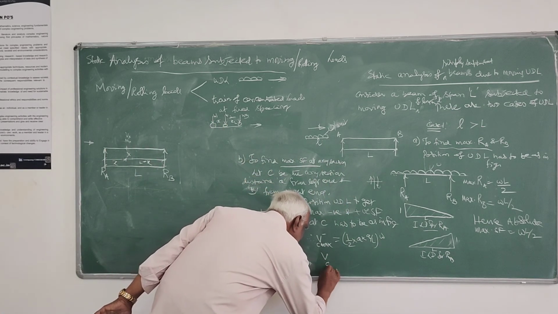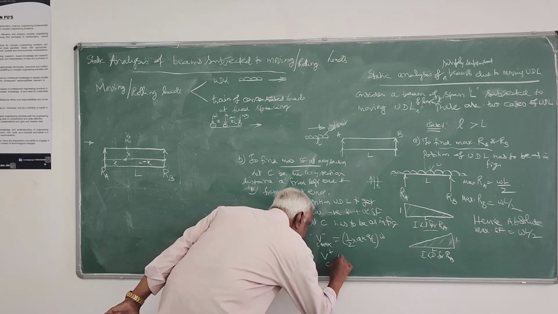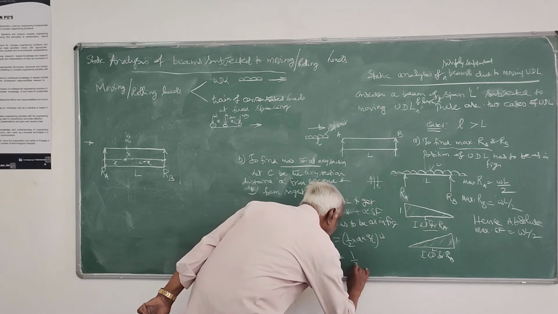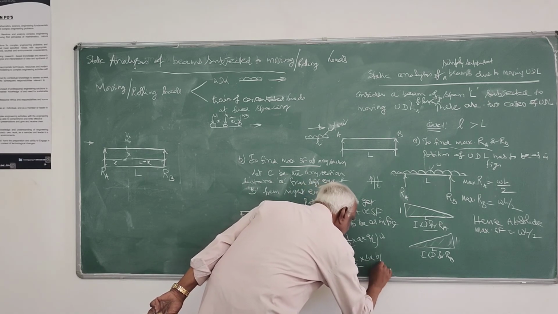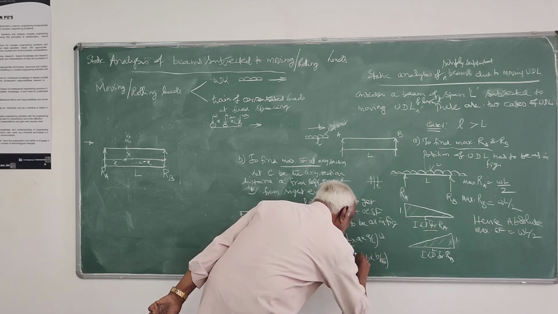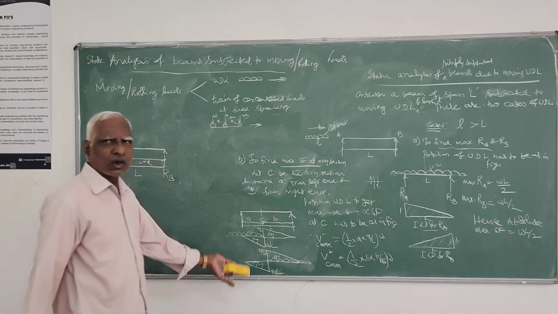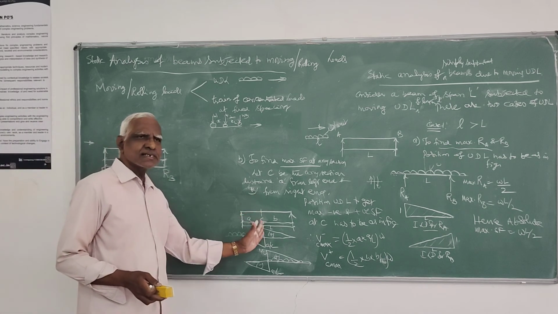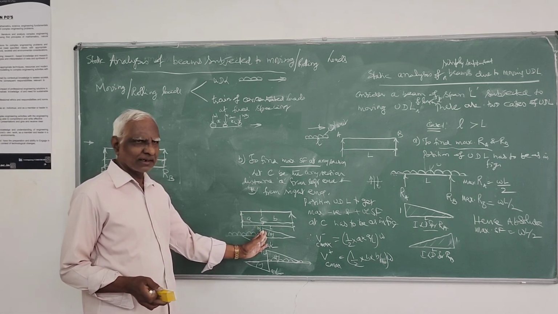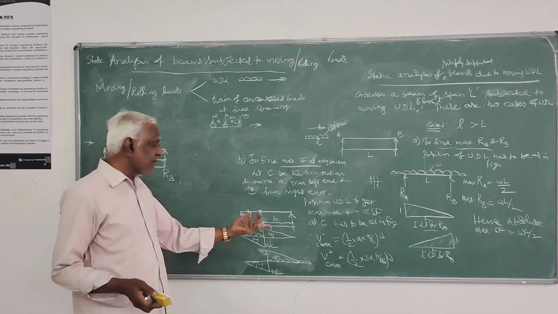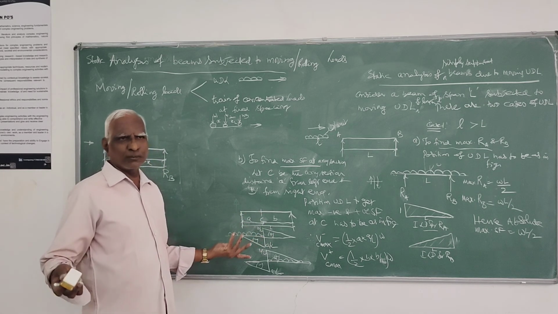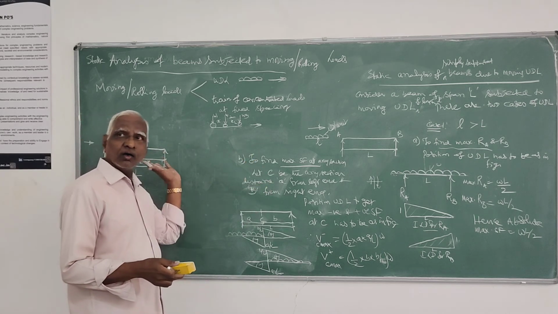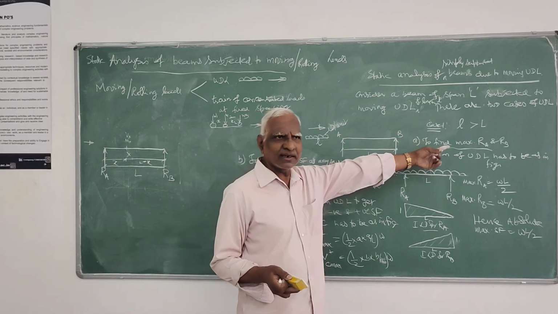Similarly, VC maximum positive shear is the area of this triangle, that is half into B into B by L into W. So you got maximum negative shear and maximum positive shear at any section. Then you have to find the maximum bending moment at C, then the absolute maximum. So that completes evaluation of all forces when the UDL is longer than the span.